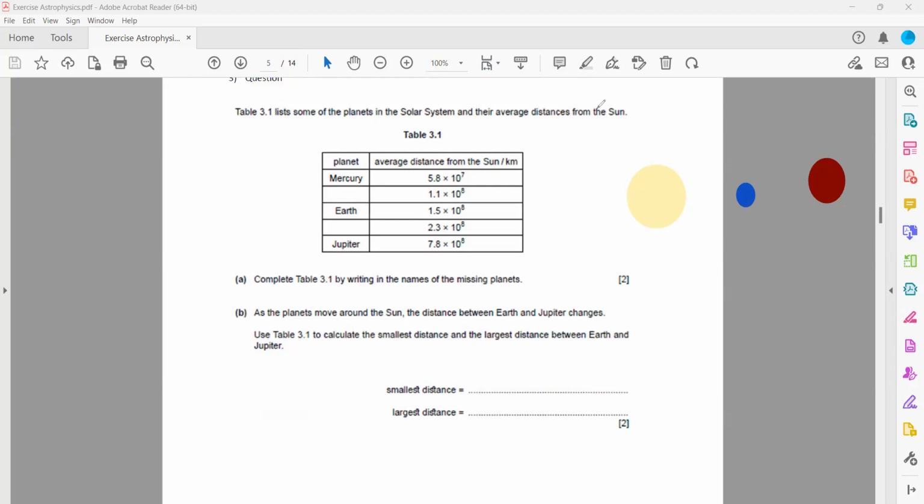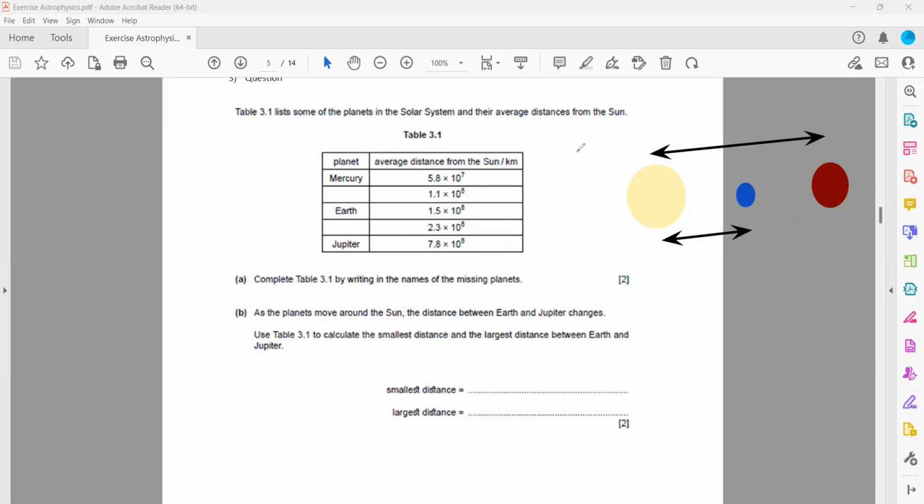But when they're on the other side, the distance between them will be maximum. So if we want the smallest distance between them, we have the average distance from the sun given. The distance between the sun and Jupiter is given, and the distance between the sun and Earth is also given.